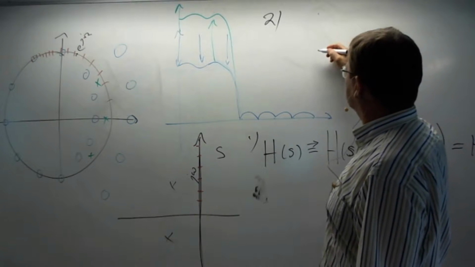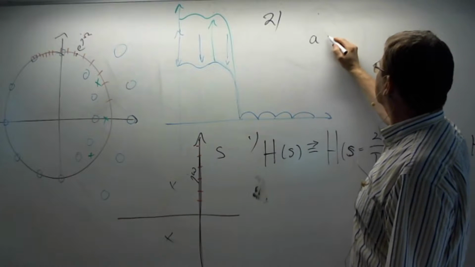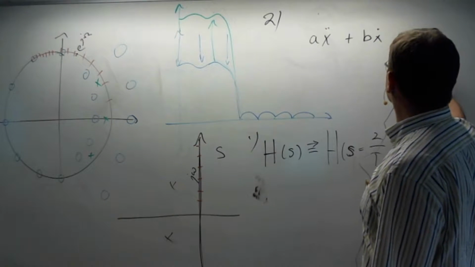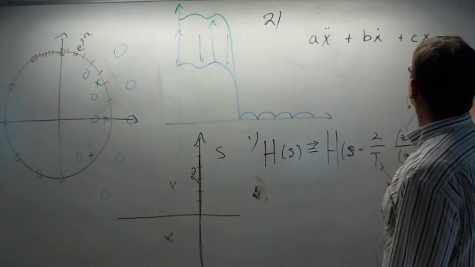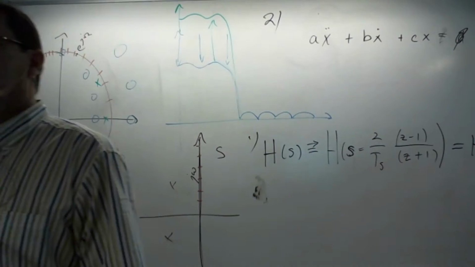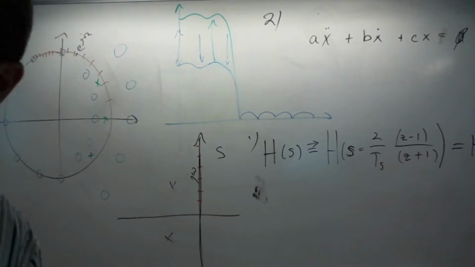So we have, for example, second order: a x double dot plus b x dot plus c x plus some factor is 0. That's a differential equation of second order showing, for example, how a pendulum swings.